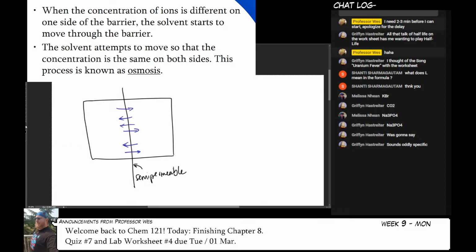However, the ions that are inside, which I'm going to illustrate in black here, because that's the other color I have, cannot.